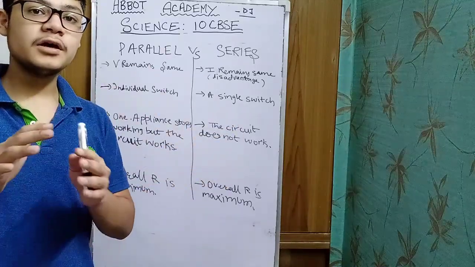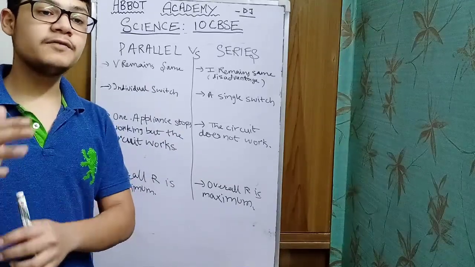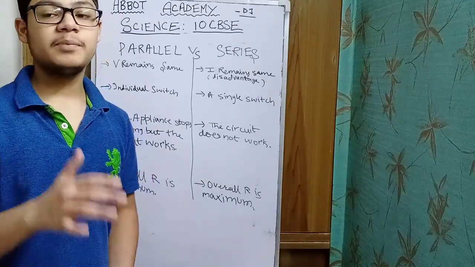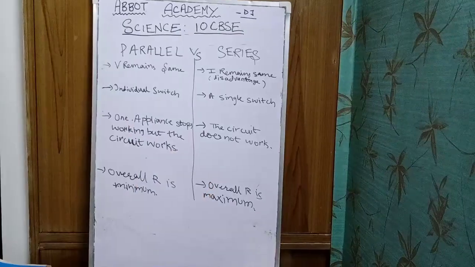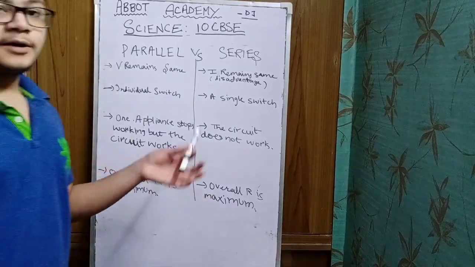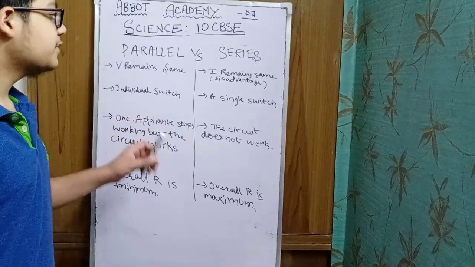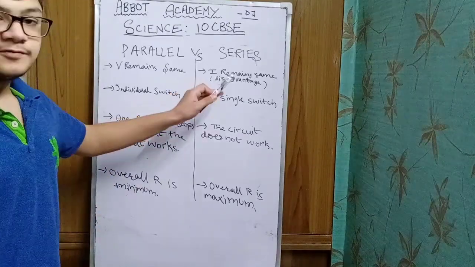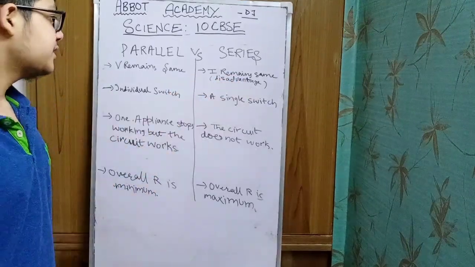So it will overheat, and it will also disrupt the appliances. The appliance will stop working and it will be disrupted. So as we discussed, current remaining the same has a disadvantage.